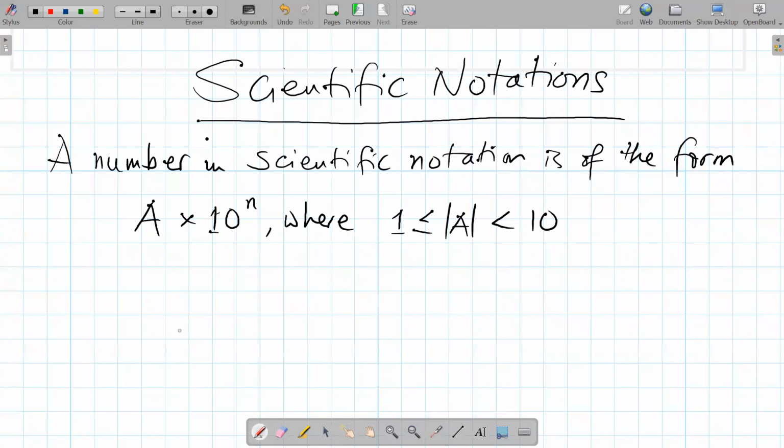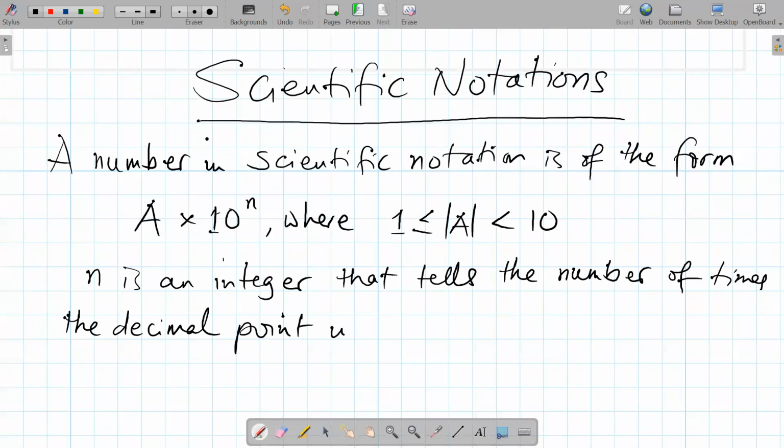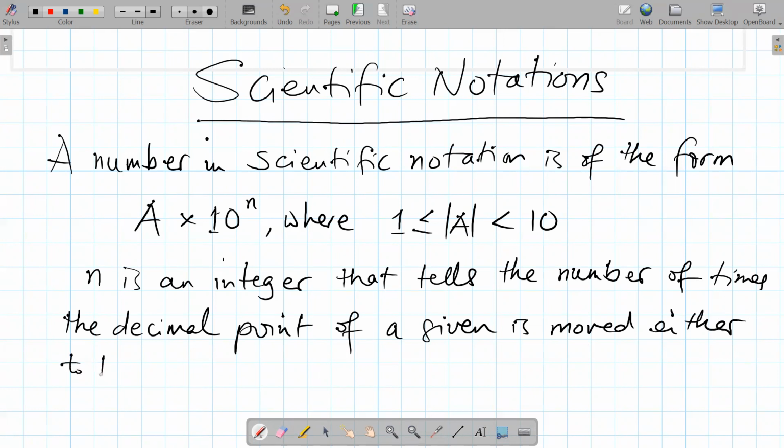Here, the n there is an integer that tells the number of times the decimal point of a given number is moved either to the right or to the left.